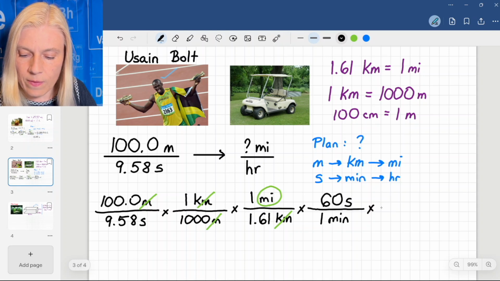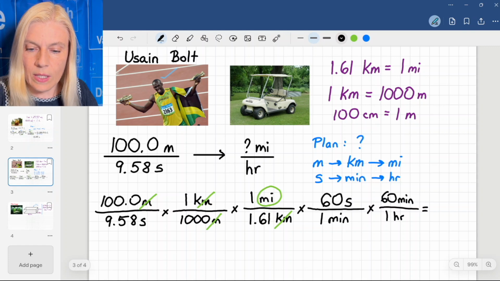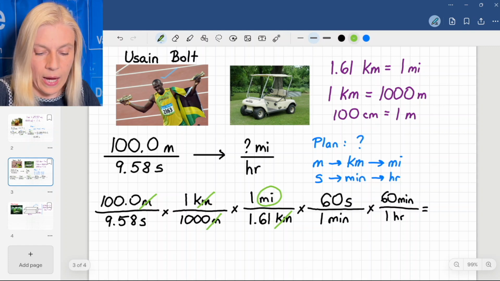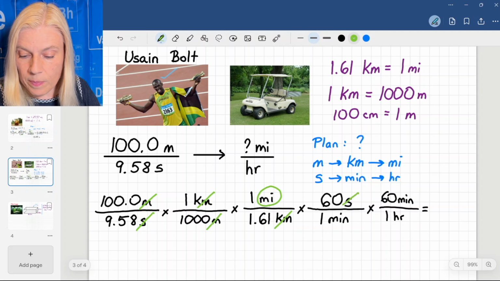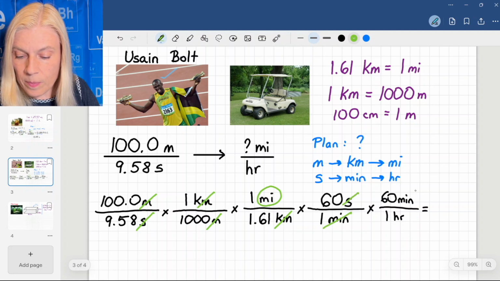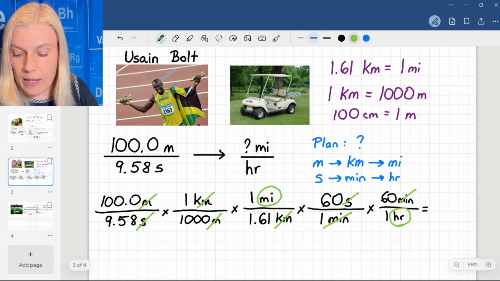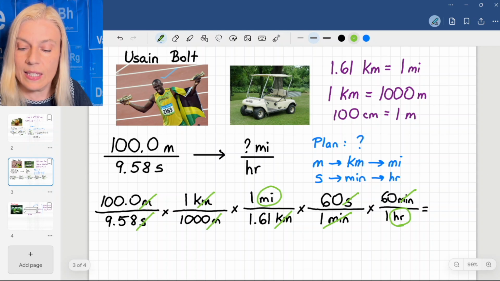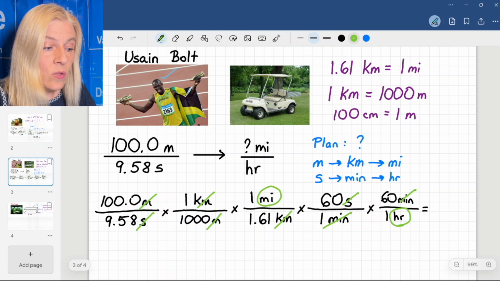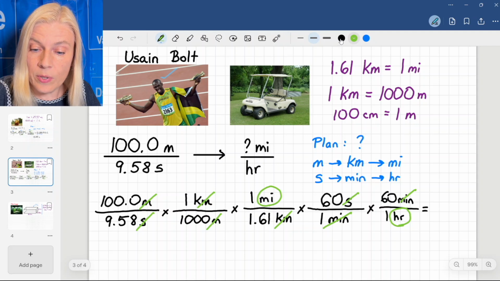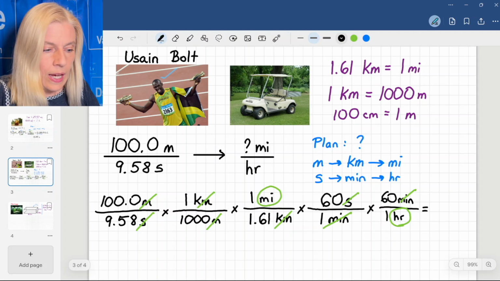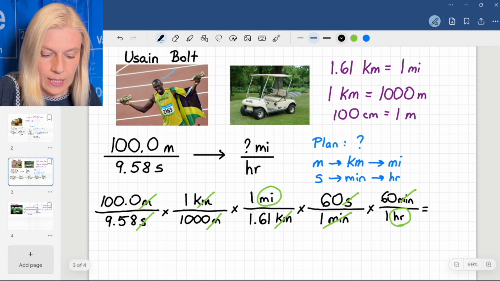And I have 60 minutes in 1 hour. Let's quickly make sure. I have seconds on the bottom, seconds on top, minutes on the bottom, minutes on top, and I have hours left on the top that doesn't cancel with anything. This is great. If I plug this number in a calculator, I'm going to get something that looks like this.